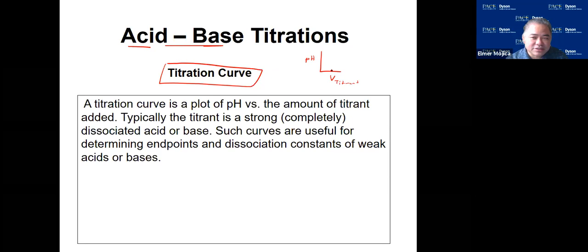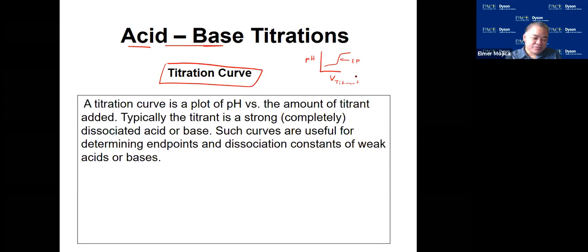If you have a base as your titrant, you have an acid as your analyte. Whenever you do this, you will have a titration curve that looks like this. The point in the middle is your equivalence point, the part where your acid and base are of equal moles.